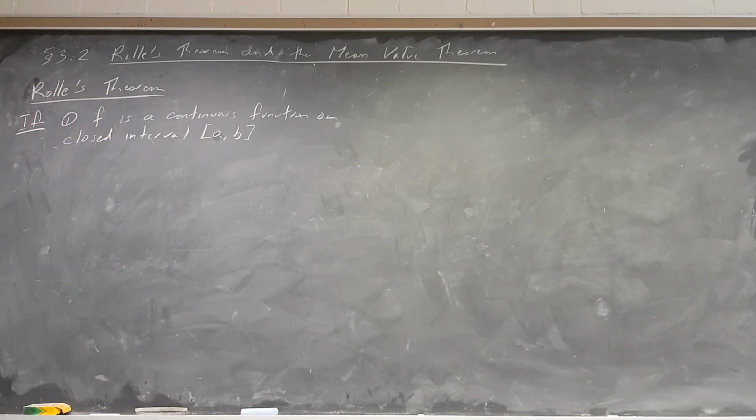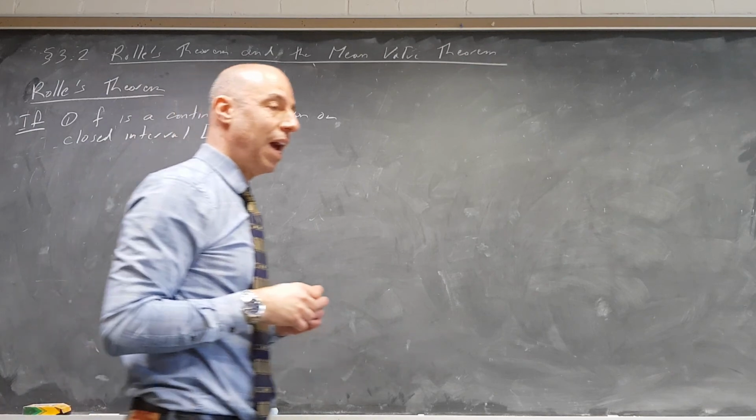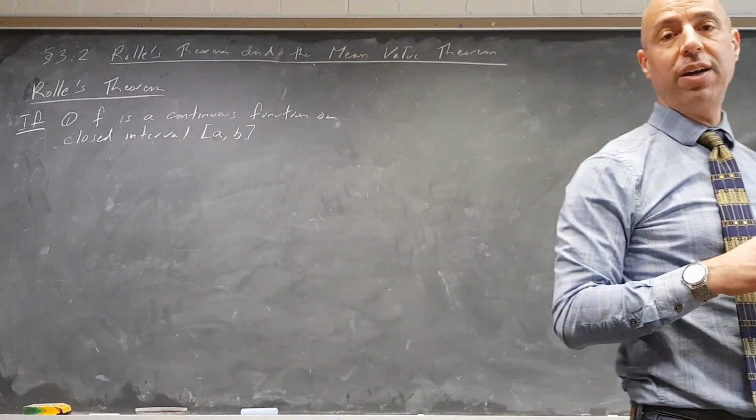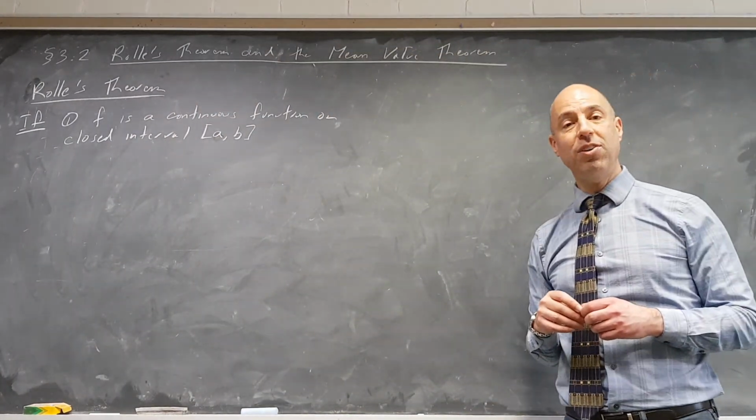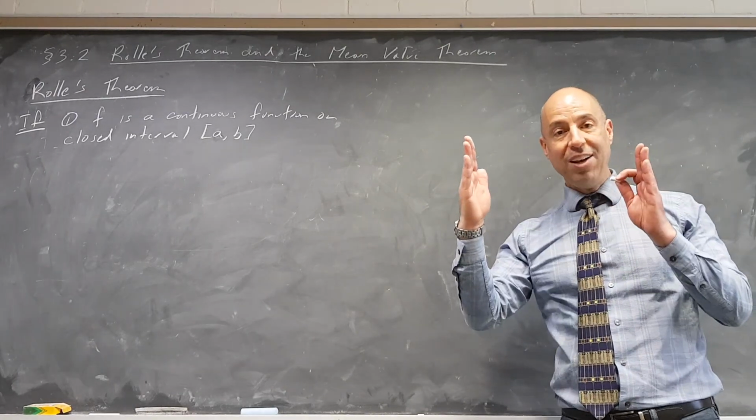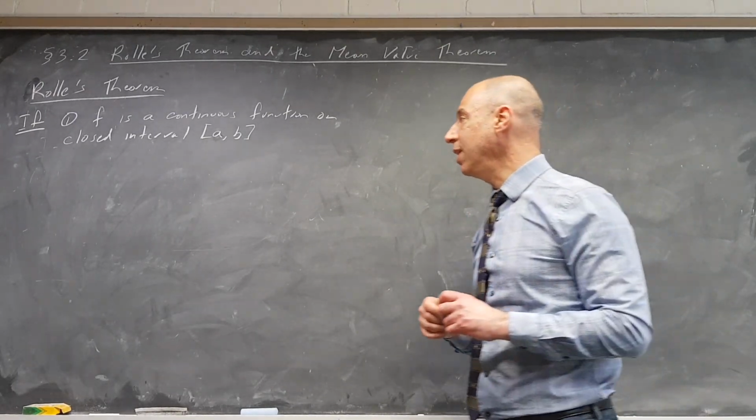So f is continuous. We can draw it without picking our pencil, chalk, whatever up from the writing surface between x equals a and x equals b.